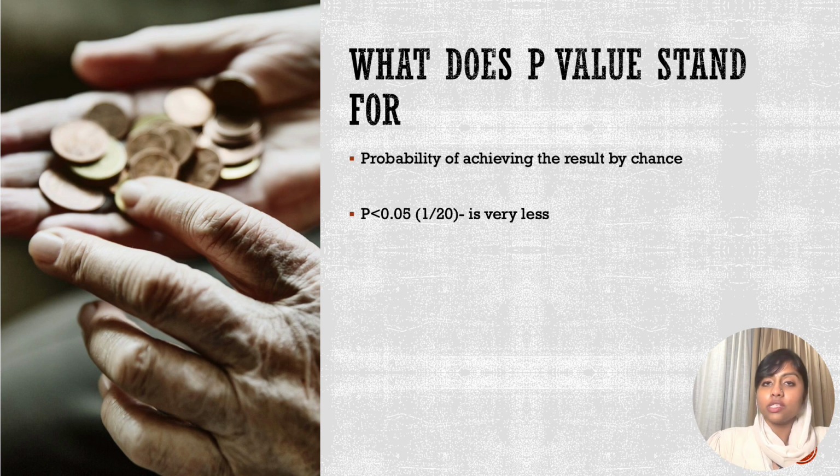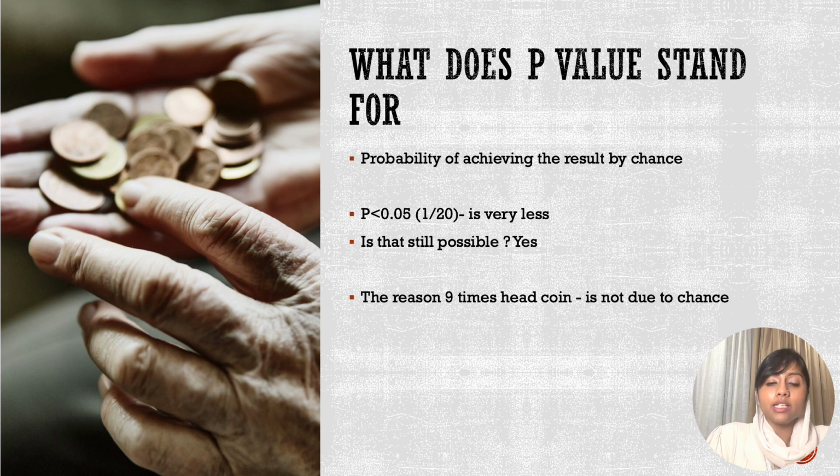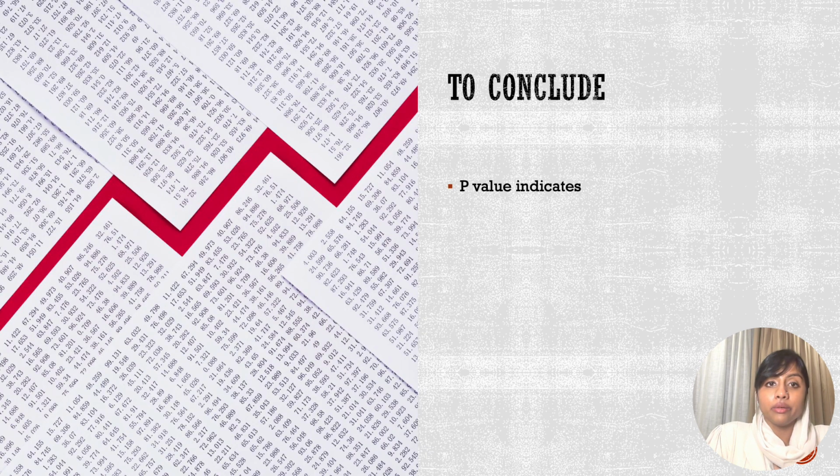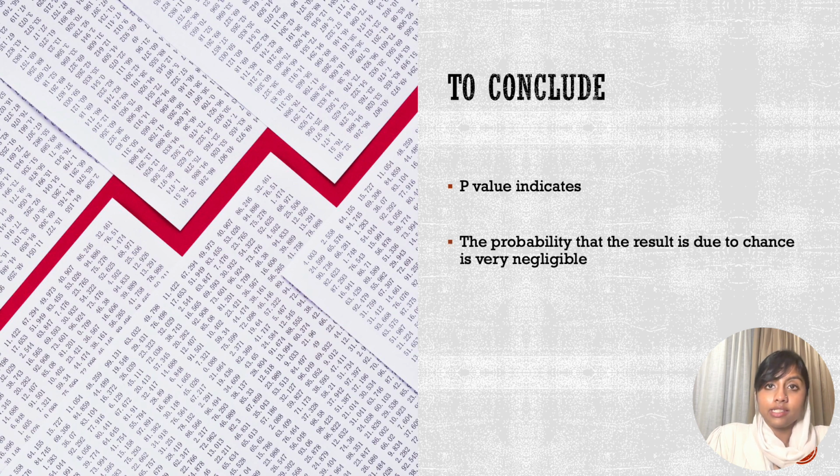I have just simplified the p-value. If you want to read in depth, you can search for articles which explain what a p-value is, but in simpler terms, this is what the p-value stands for. To conclude, the p-value indicates that the probability that the result is due to chance is very negligible if it's less than 0.05.